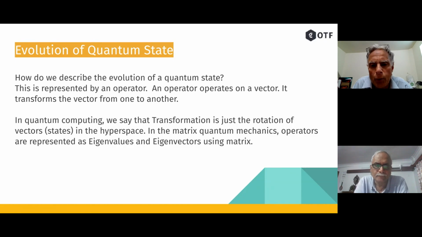There are matrices called Pauli matrices, which you will hear about later, and that is what represents your transformation. If I am talking of the z direction, these are represented by vectors called eigenvectors, with corresponding eigenvalues of that matrix. The actual details I'll leave to Professor Gokhale to present.